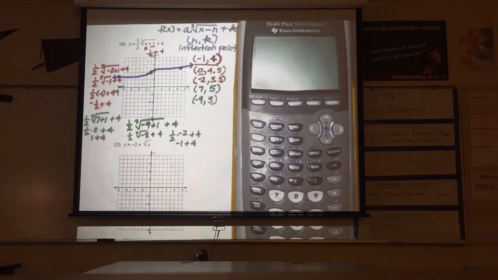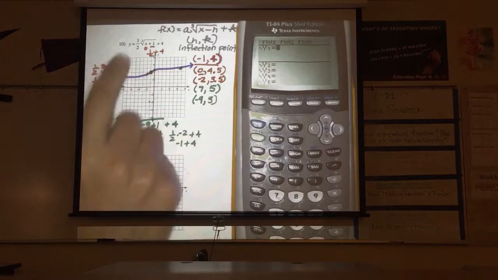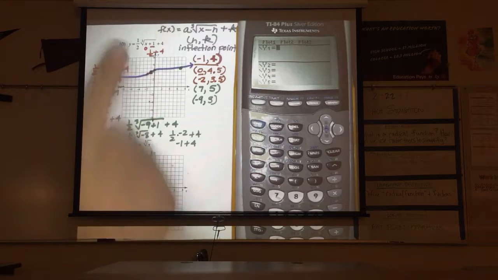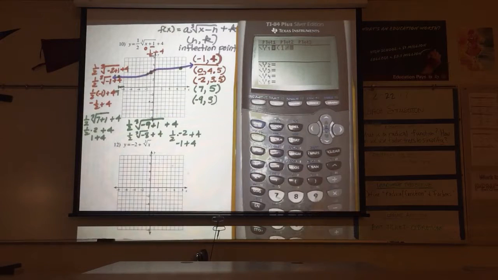If we were to graph this on the calculator, you have to make sure that you enter this properly, especially for your A value. The A value is 1/2. You need to enter that in as a fraction. If you want to enter it as 0.5, that's fine, but not all fractions are going to be so nice and neat.